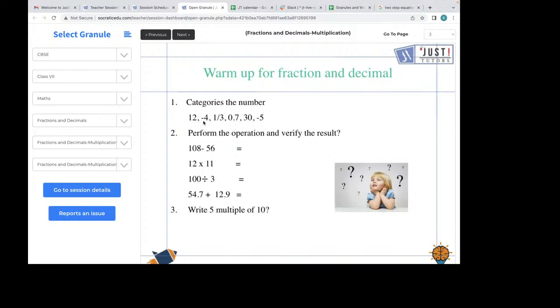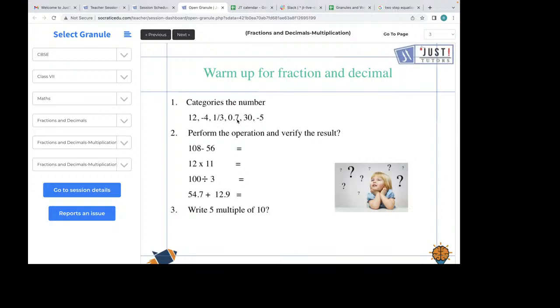Next one is minus 4. Minus 4 is a negative integer. 1 upon 3, or you can say 1/3. 1/3 होता है आपका fraction, as I have told you in the previous session. This is what we call a fraction.